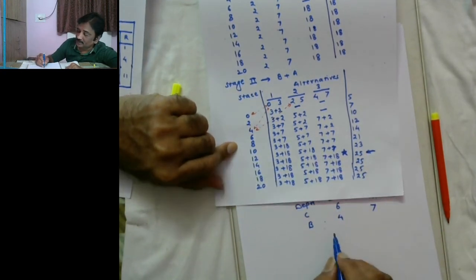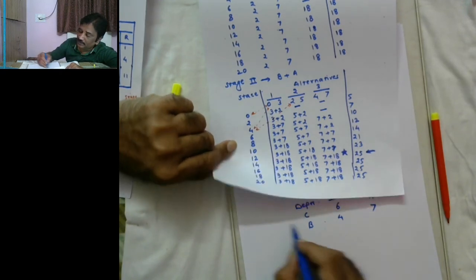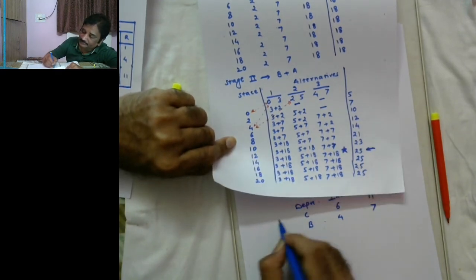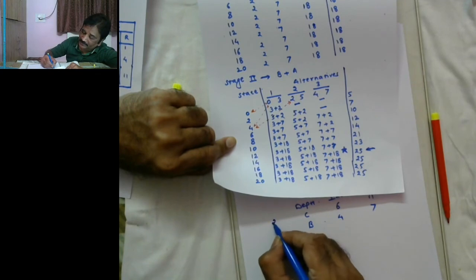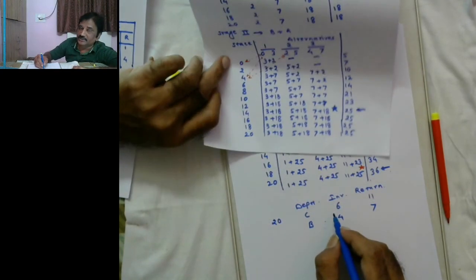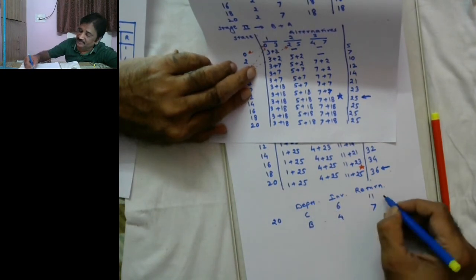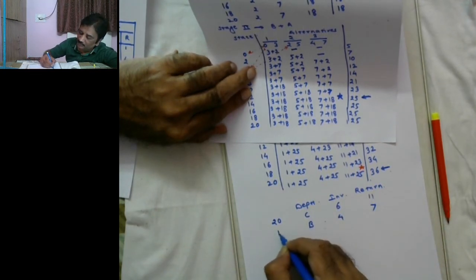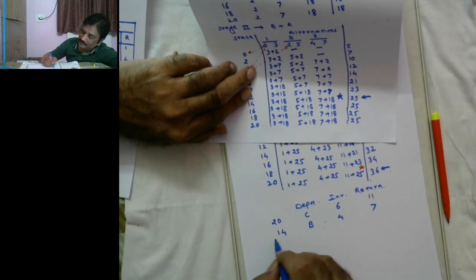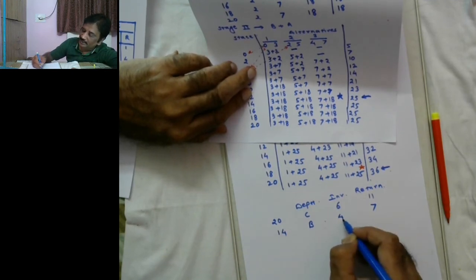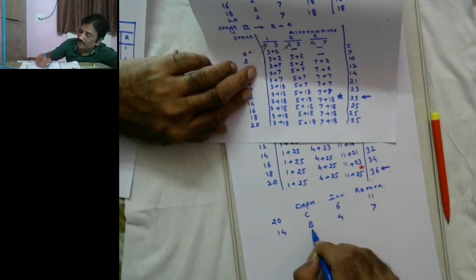Profit. Okay, so I had 14 crore. Earlier I had 20 crore, and out of that 20 crore, I invested 6 crore in C department, so I am left with 14 crore. From this 14 crore, I have consumed 4 crore in B department.